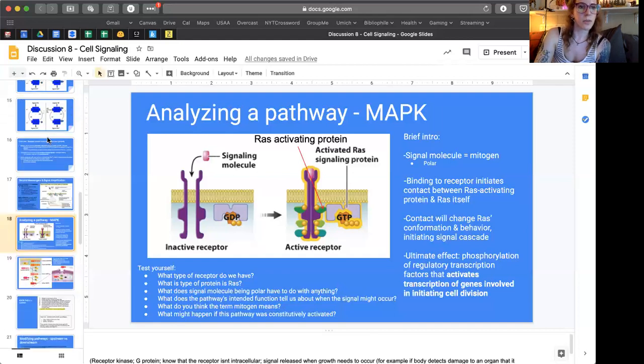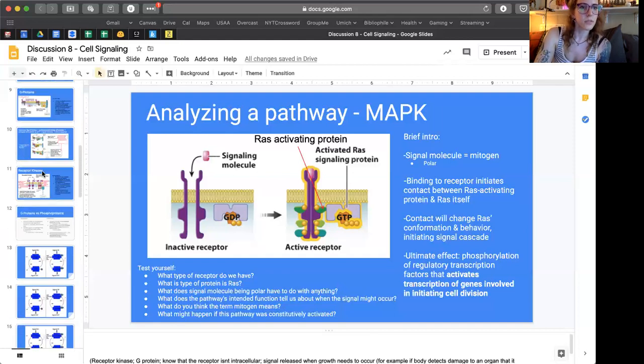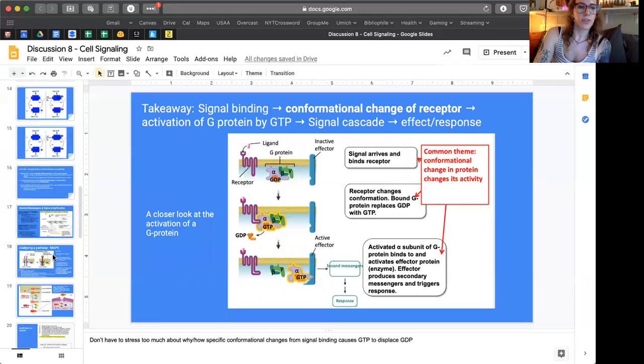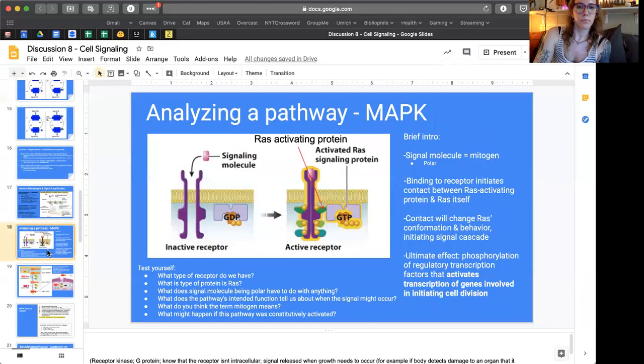So if we look up here in this example, essentially we were using that conformational change to displace GDP with GTP that we could see here. Whereas now we know that this is a kinase because it's able to phosphorylate this directly. And now since we have this GTP being bound, we know that the G protein here is going to be in its active state, which is going to allow it to continue down the pathway.